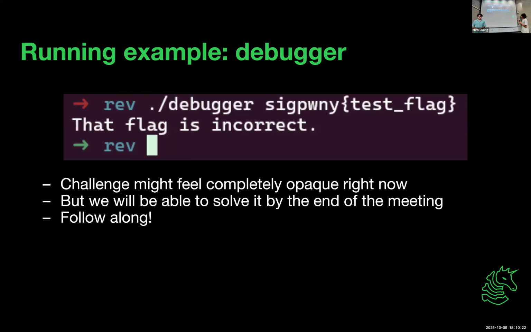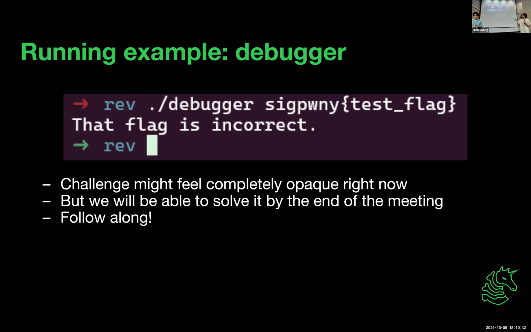So this is an example of what you put in a command prompt when you're trying to debug a program. Let's just say debugger is your binary file that you're trying to execute, and you want to see if this is the right flag.